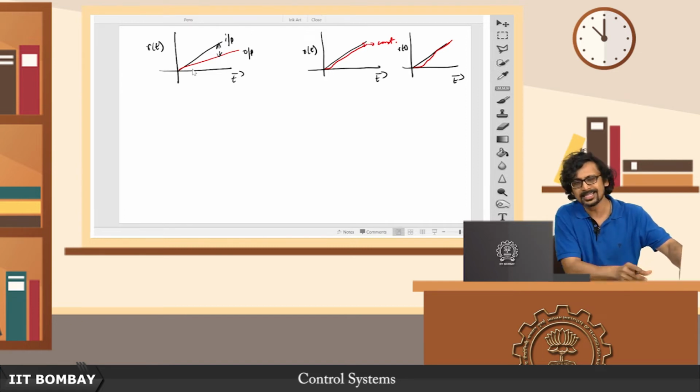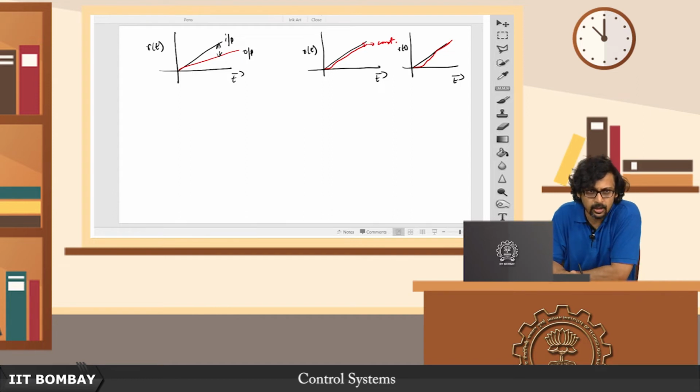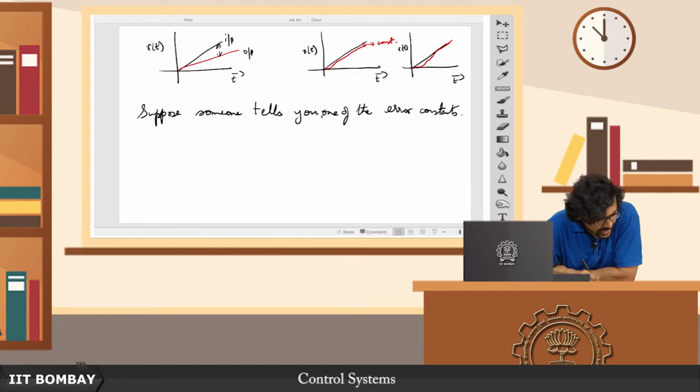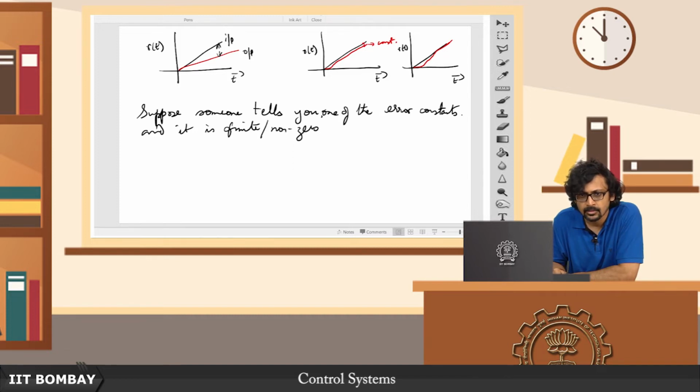So these are some insights that we often might overlook. Now suppose in a problem someone tells you that one of the error constants, so it could be the position error, the velocity error, or the acceleration error, is finite or non-zero.